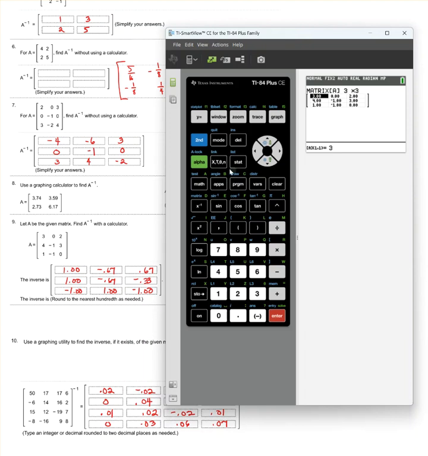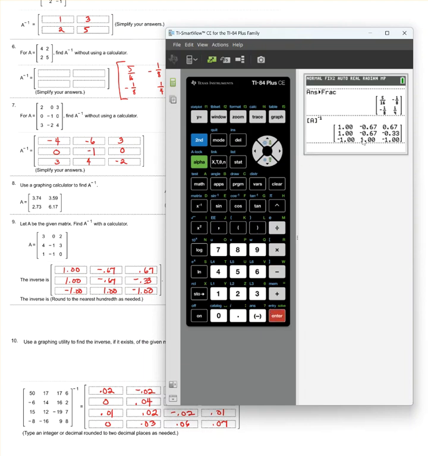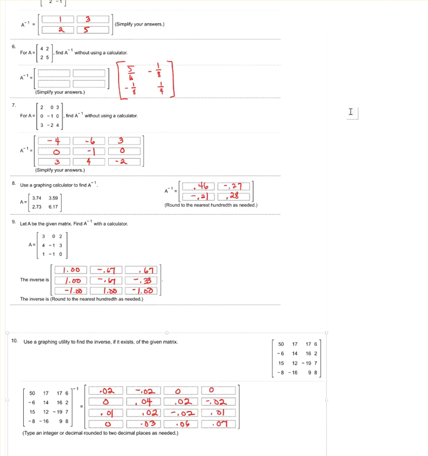Enter. Okay. And then second quit. Second matrix, get the letter A, hit the inverse button, and enter. And your things are already in the right form: 1.00, -0.67, etc. So you are telling the calculator you need those 2 decimal places. And it'll be really nice here. It'll all be done. And so you can use that.